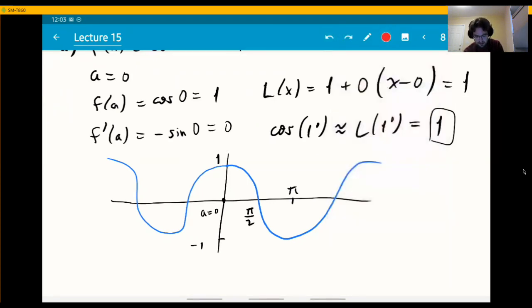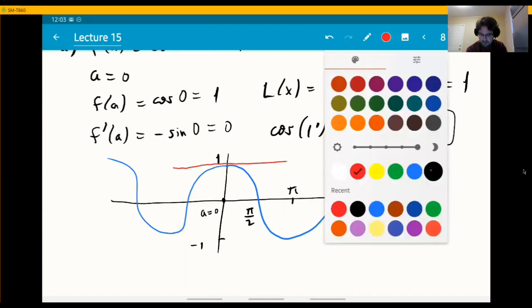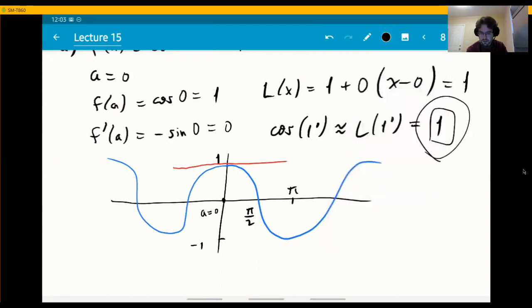Now, if you think about the tangent line, which is horizontal in this case, the tangent line is above the graph because the graph is concave down. The linear approximation that we just found is the value on the tangent line. It's the red graph. That is larger than the actual value that we want, which is the blue graph. Here is 1 degree. So it's a little bit smaller actually.